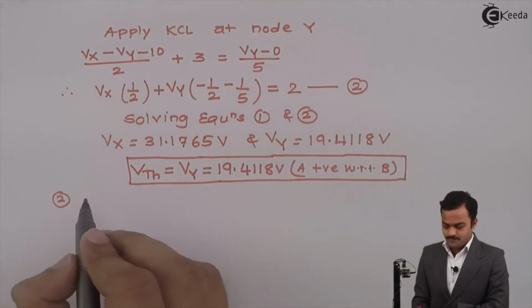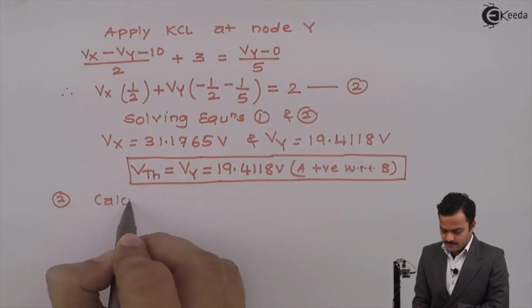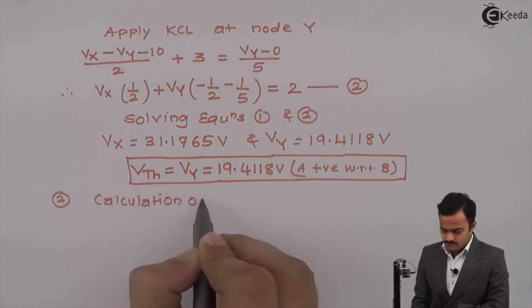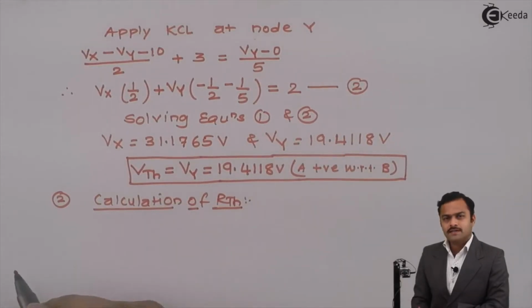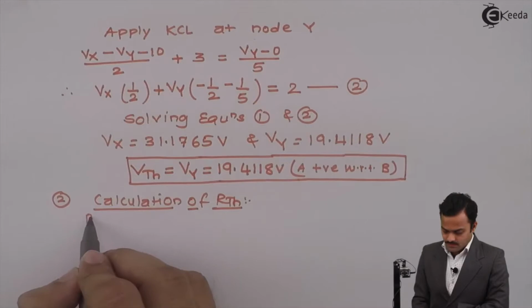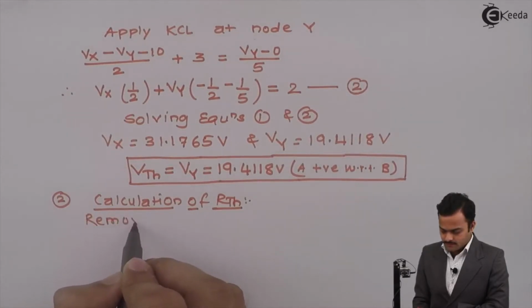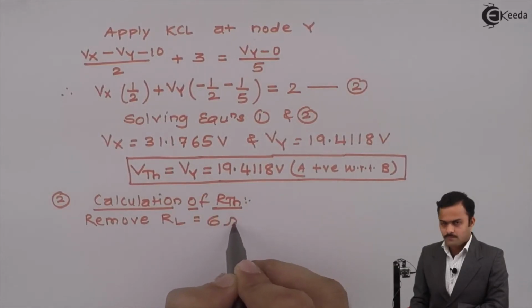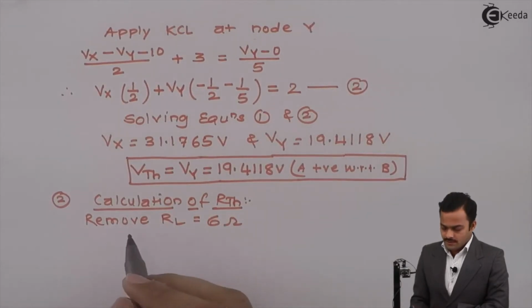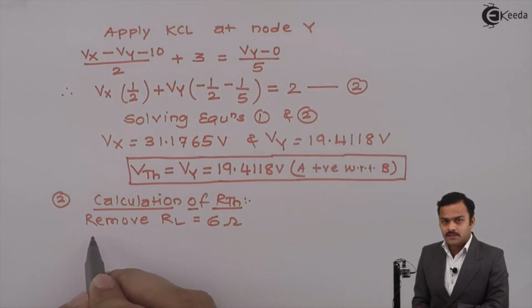Let's go to the second step, that is calculation of RTH. What do we need to do for the calculation of RTH? First, we have to remove RL, which is 6 ohm. Then there are two current sources given, 4 ampere and 3 ampere, so I will open circuit them.